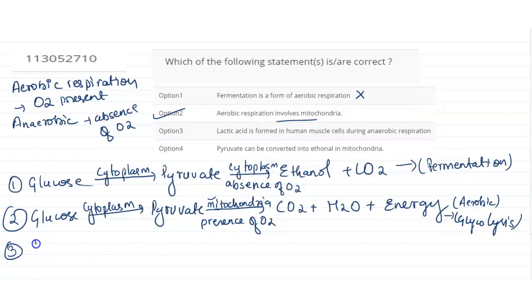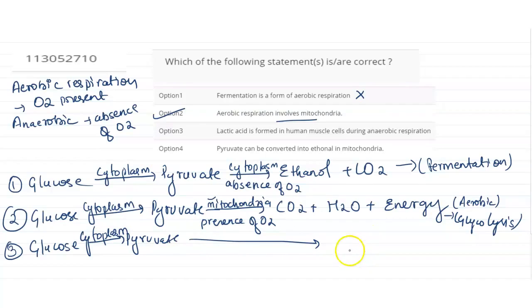Now the third option, third breakdown. Glucose changes into pyruvate and it occurs in cytoplasm. Okay. Pyruvate changes into lactic acid.